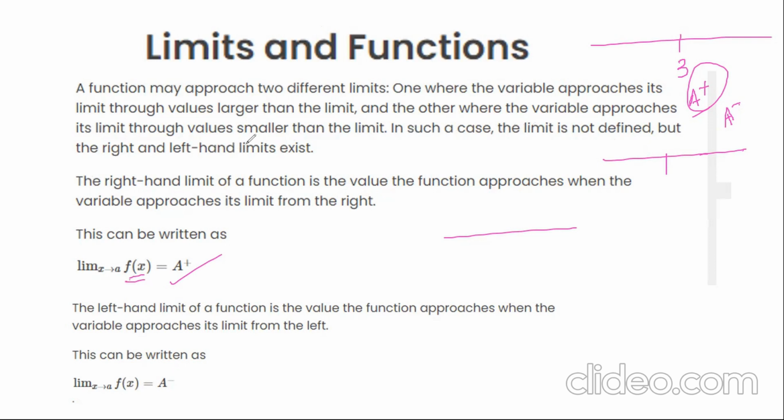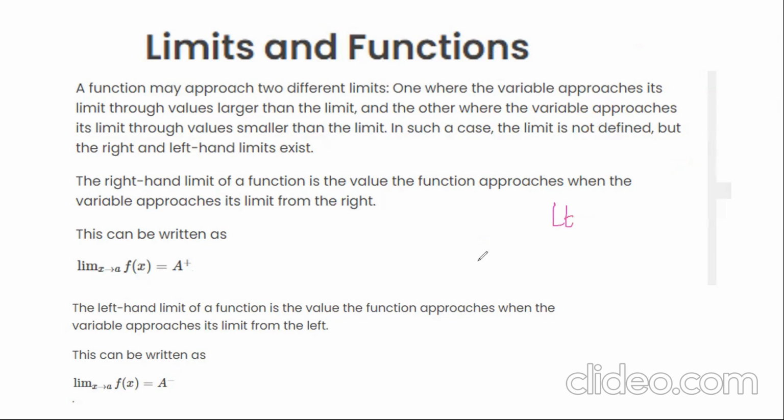So when it approaches the limit towards the right, it can be called a right hand limit. When it approaches towards the left, it can be called a left hand limit. Understood? So this can be represented as limit. Now we are talking. So LT we can write, or LIM also in some books.